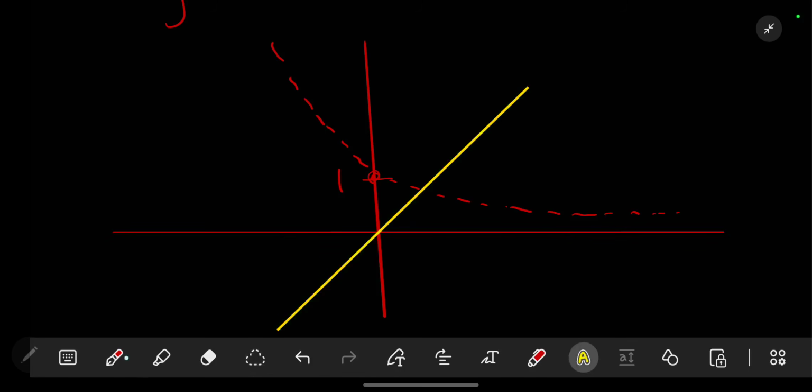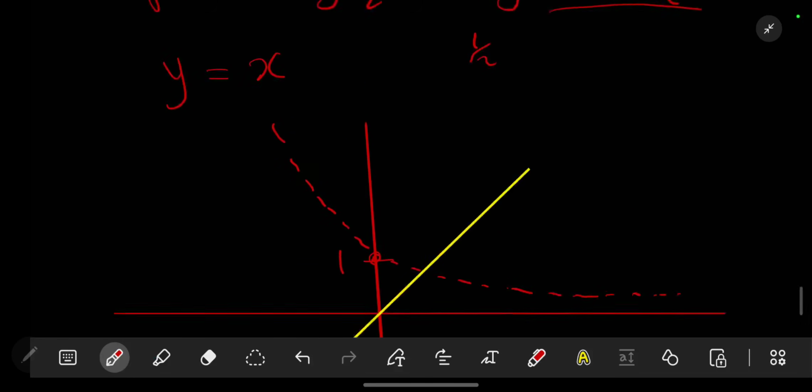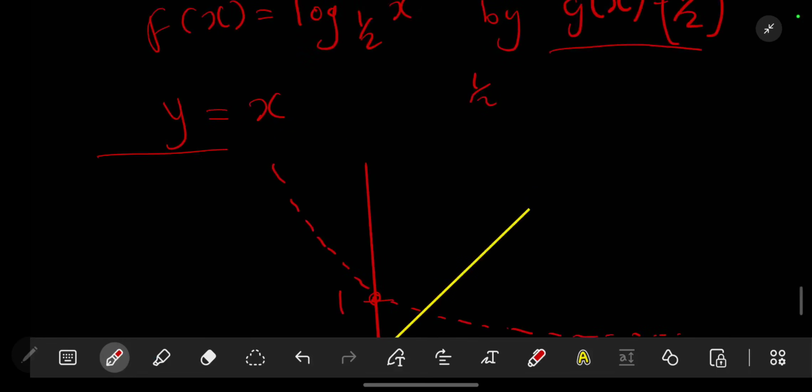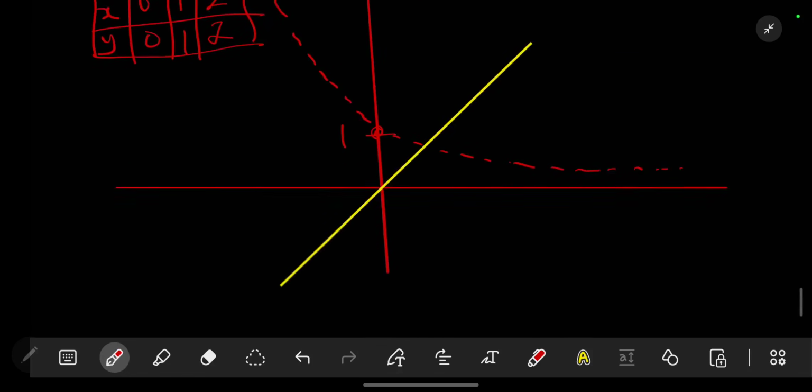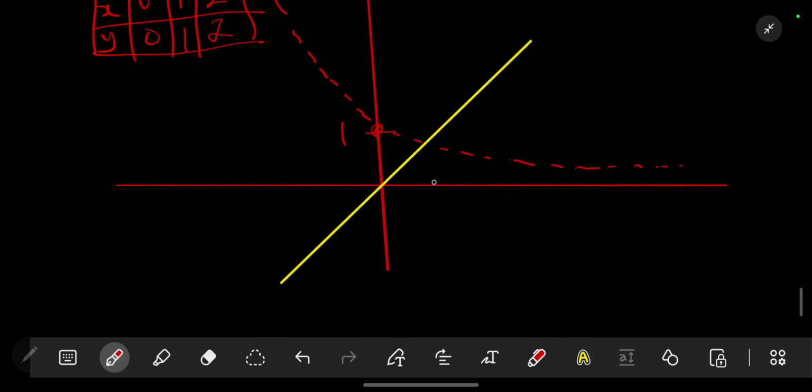Let's differentiate the color. Now this line, you can even draw the table of values for this line. We have our x, we have our y. When x is equal to 0, we replace here, it will be y is equal to 0. When x is equal to 1, y is equal to 1. When x is equal to 2, y is equal to 2.